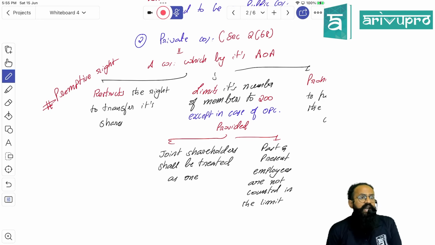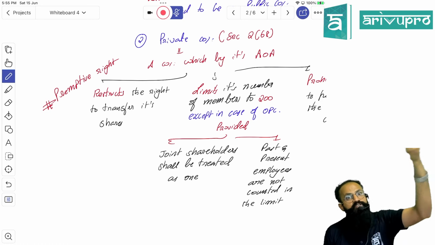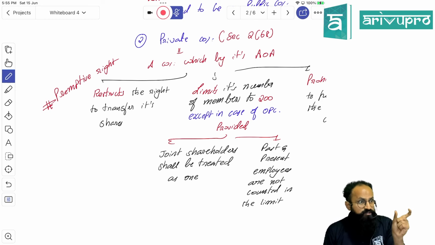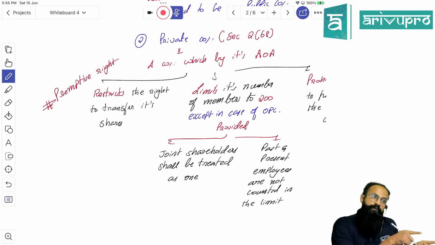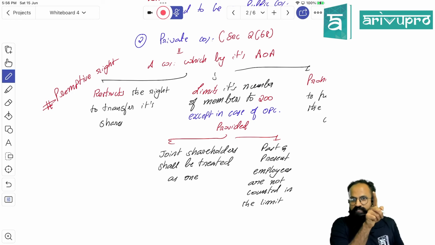It means the right of the shareholders to be consulted first. Now as A, I have a right to be asked first before you sell your shares to C. From A's point of view, it's called preemptive right. That means the right to be consulted first. So you need to ask him first before going to an outsider.